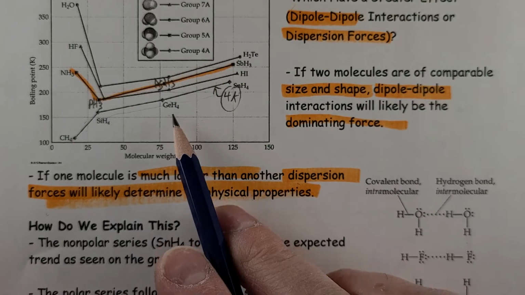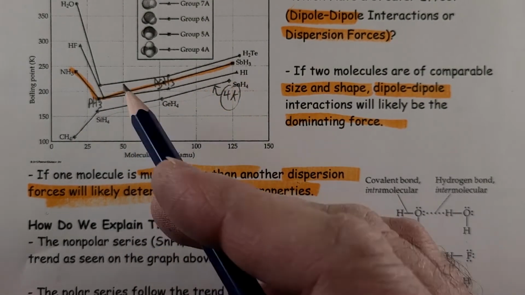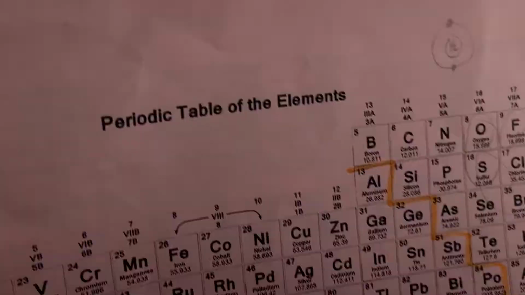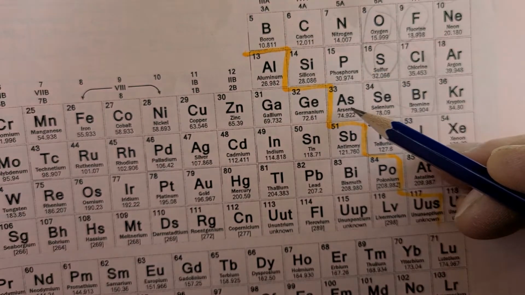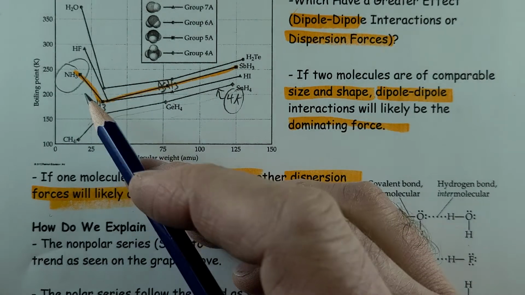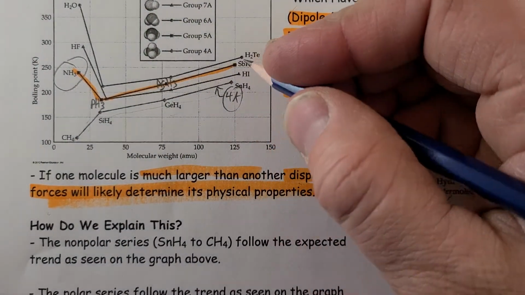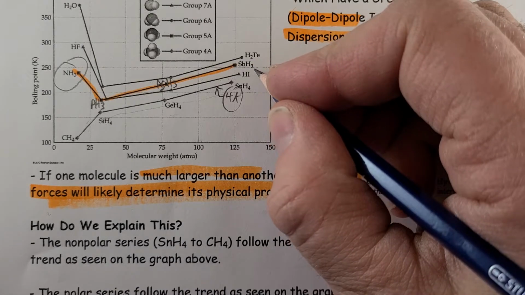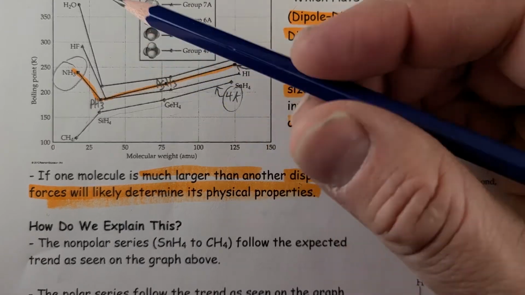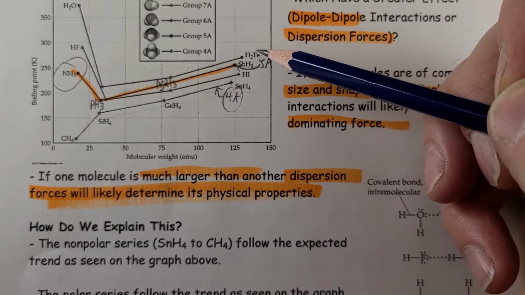It's kind of difficult to squeeze it in there, but it follows the pattern here, but something weird is happening here with the nitrogen. So PH3, AsH3 and SbH3 follow the pattern, but for some reason nitrogen is higher, which is kind of weird. So that was group 5A. Let's look at another group here, HF, going all the way to HI.